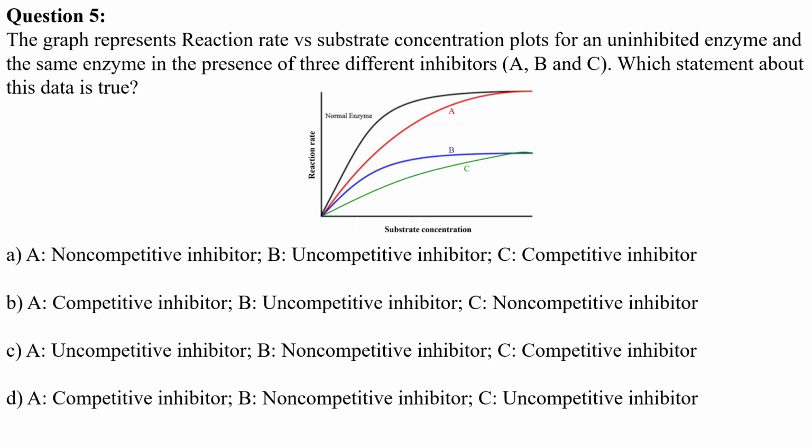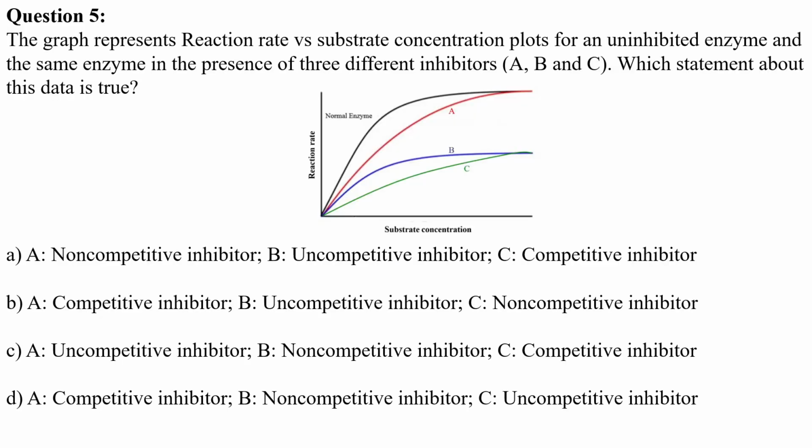And then they have shown the reaction rate versus the substrate concentration in the presence of 3 different inhibitors, inhibitor A, B and C. Sorry, I said enzymes earlier. So now you have to say the type of inhibition that is happening, or the type of inhibitor that is there in A, B and C. So anybody wants to answer?